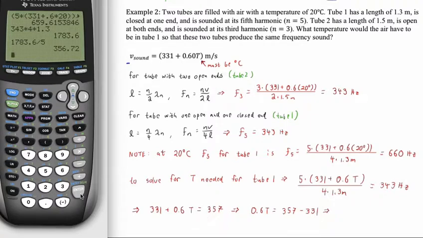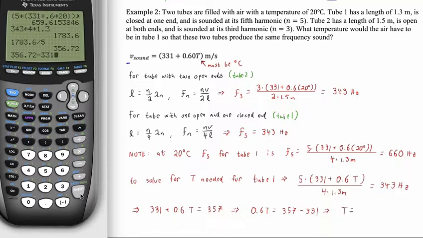And actually, to be fair, these are in Celsius, so we wouldn't have to worry about breaking the laws of physics unless we got to negative 273, because again they're in Celsius. So let's see. T equals, let's take that difference, 357 minus 331.